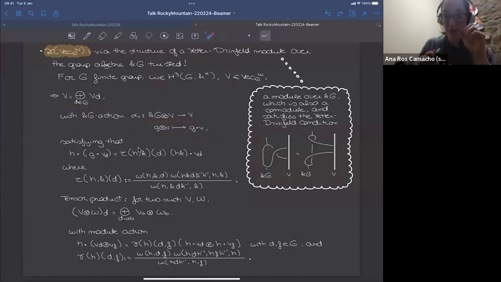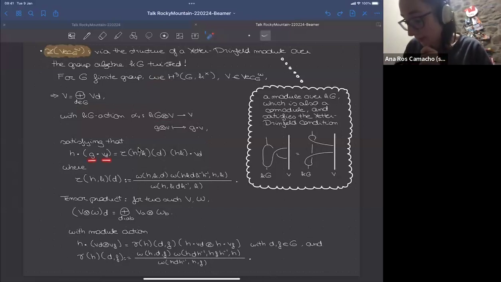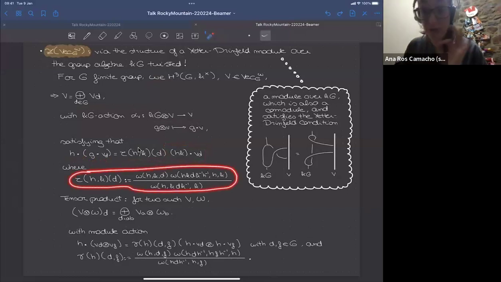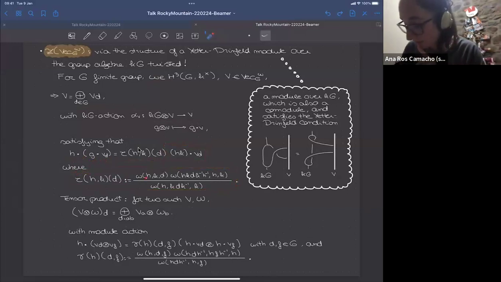If I act with a first element of my group algebra on the dth component, and then I act again, then I will get a certain function, tau, depending on these h, this g, and this d. All of these are elements in my group. In fact, this tau can be related to the 3-cocycle of the category in this way. So it's this product of 3 different things.